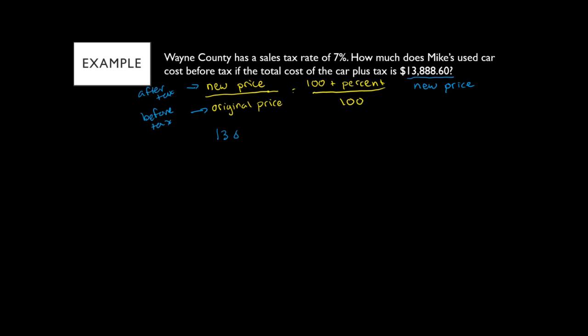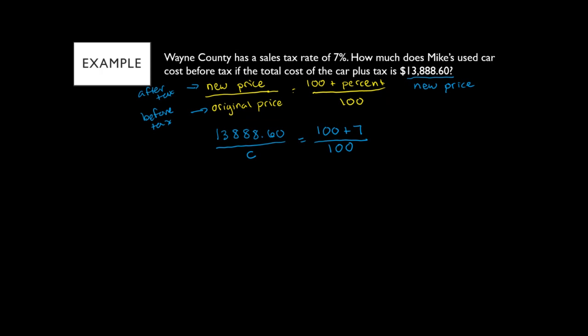We've got 13,888.6. And then you're going to pick a variable to represent the original price of the car. So maybe we'll use C to represent car. Then this is going to be equal to 100 plus that percent. So we're going to add 7, because for this formula, you don't need to convert it to a decimal. And then 1 over 100.